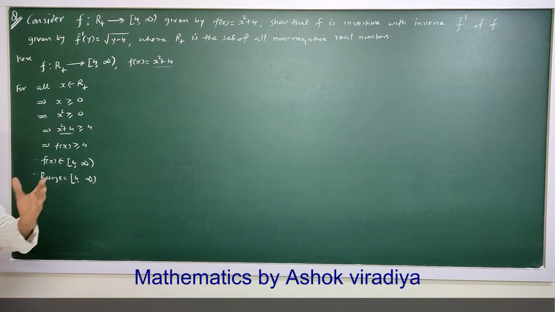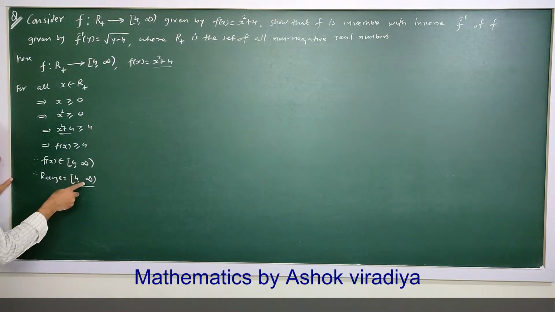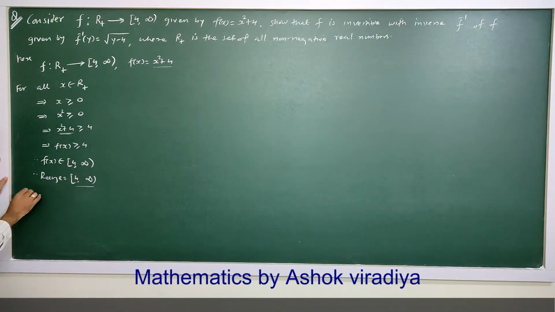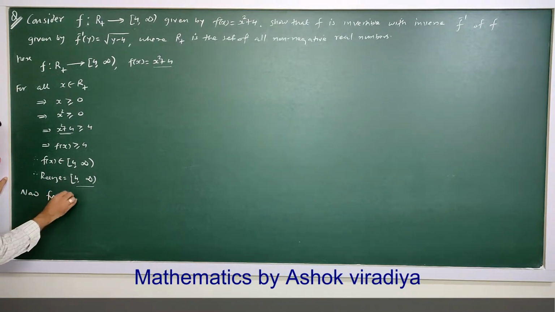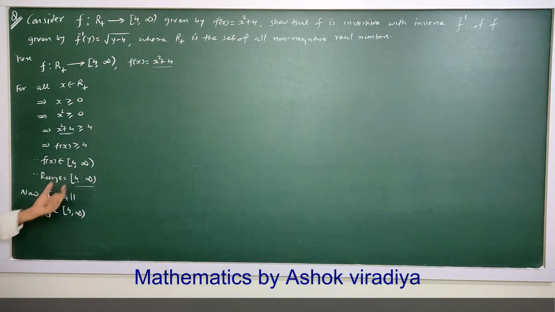Now to determine the formula for function g, what do we do? For every y belonging to this range, every element belonging to the range of this function, y will be f(x).